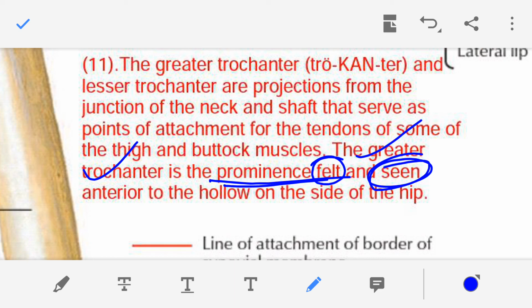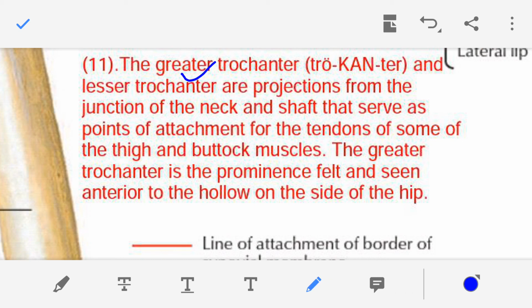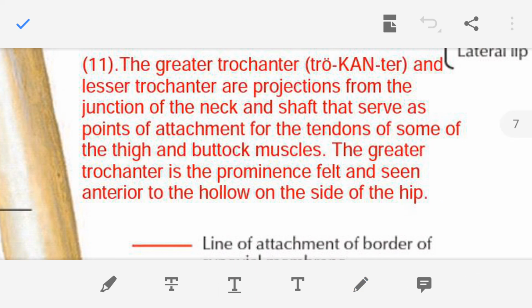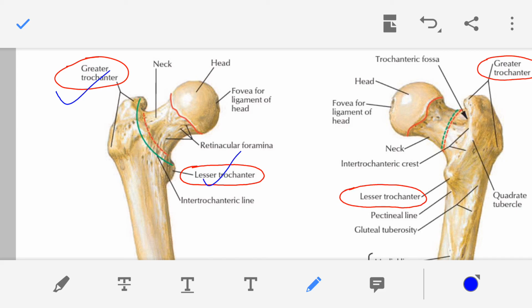We can easily see this greater trochanter from the anterior, in the hollow on the side of the hip, and we can easily feel it on the side of the hip. So point number 11 is regarding the greater and lesser trochanter.